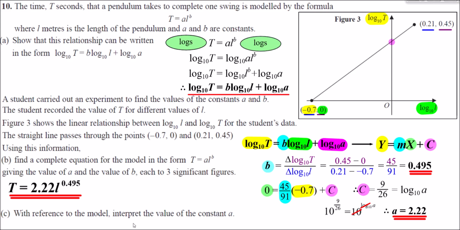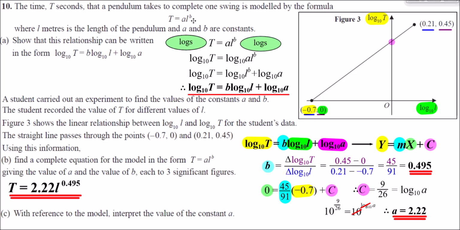Part C, with reference to the model, interpret the value of the constant A. This can be quite off-putting, because it's not so obvious what to do. Well, A is 2.22. T is obviously the time for one swing, and L and B we're not told. So what I could think about here is, if L were the easiest, most simple thing it could be, which would be 1, then 1 to the power of anything would stay fixed as 1.